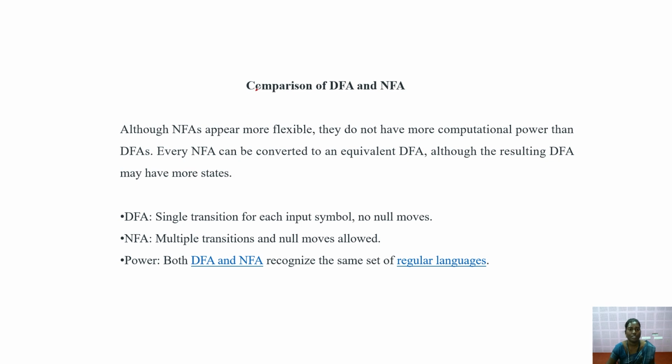Next, let's see the comparison of deterministic finite automata and non-deterministic finite automata. A non-deterministic finite automaton is more flexible than a deterministic finite automaton, but it does not have more computational power. So this is a difference. And the next difference is that every non-deterministic finite automaton can be converted into an equivalent deterministic finite automaton, though the resulting DFA may have more states.